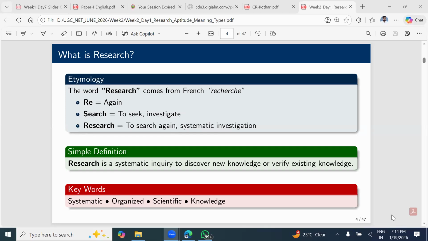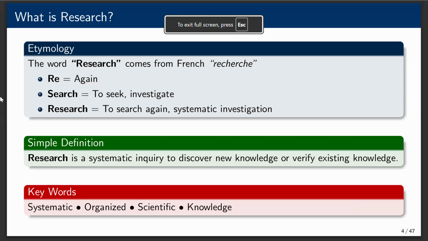Now let's start, okay? So what is research? Where is this word coming from, what is the etymology of research? It comes from the French word recherche, right?